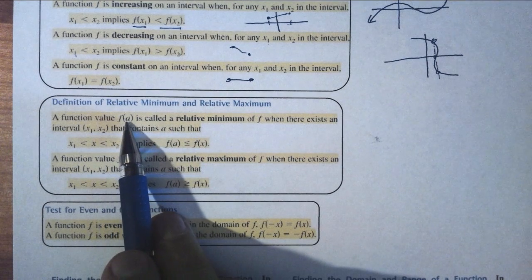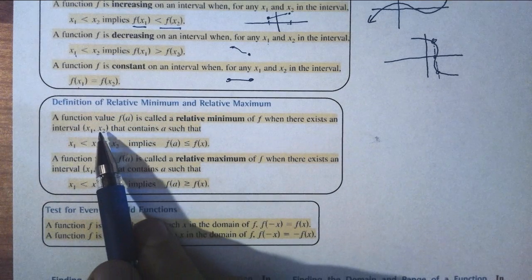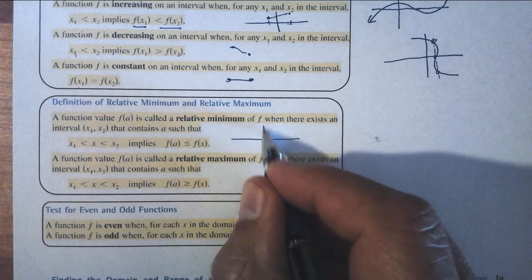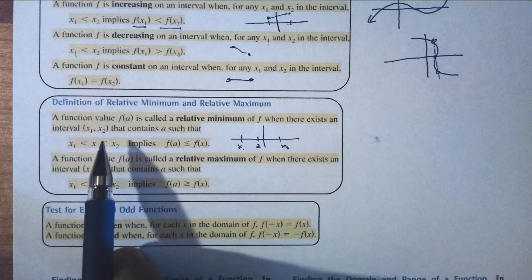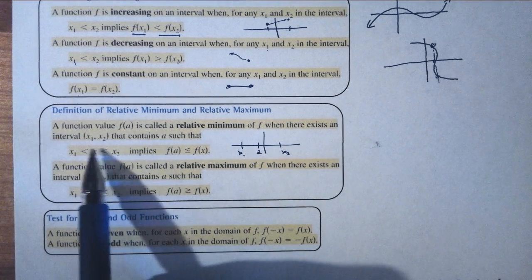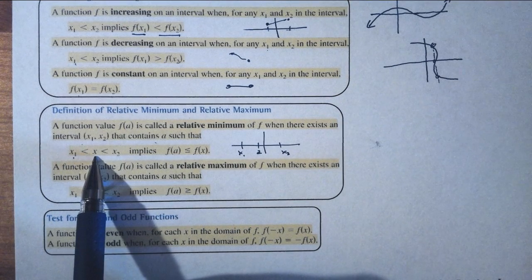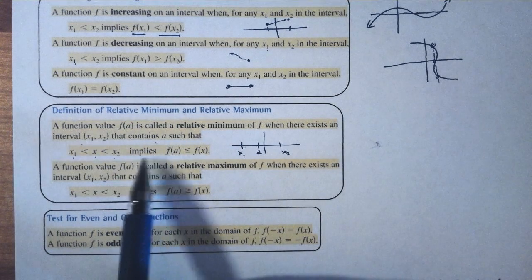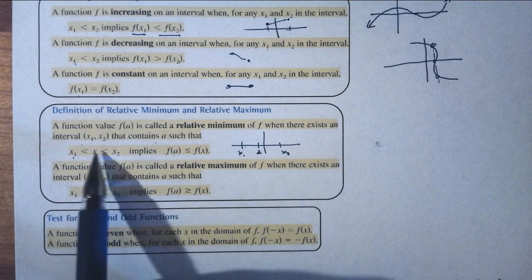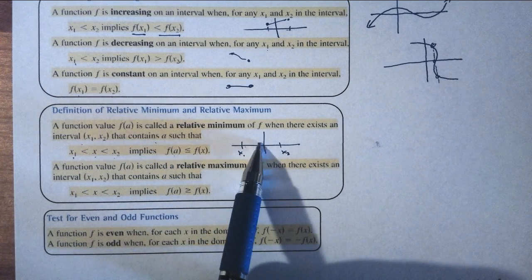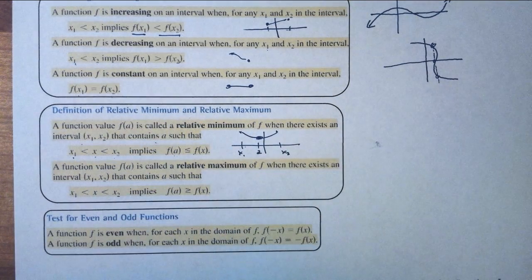A function value, the height at point A, is called a relative minimum of f if there exists an interval x1, x2 that contains A. All right, so I've got an x1, an x2, and somewhere in here I've got an A. If there exists an interval that contains A such that x in this interval implies that f of A, the height at A, is less than the height at any of the points between there. It must look something like this. Okay, we have a minimum.